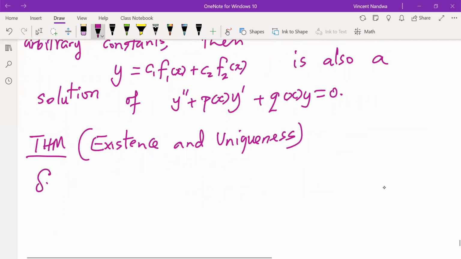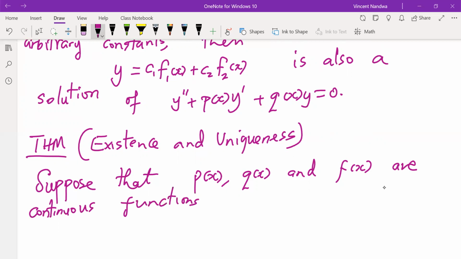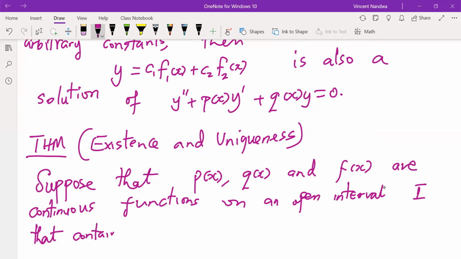Suppose that p of x, q of x, and f of x are continuous functions on an open interval I that contains x equals x naught.